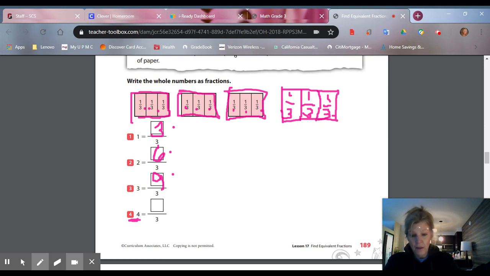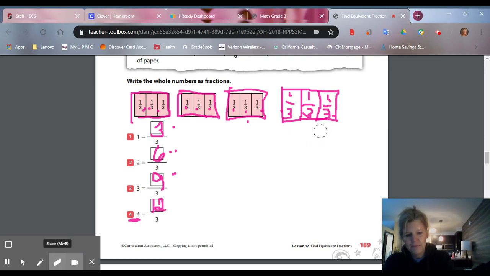Or you can follow the pattern. 3, 6, 9. What's next? They're counting by 3. 3, 6, 9, 12.